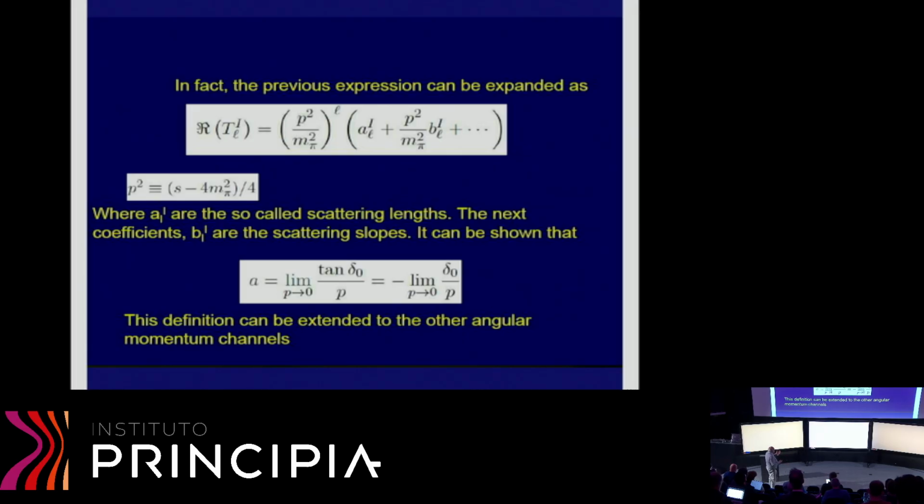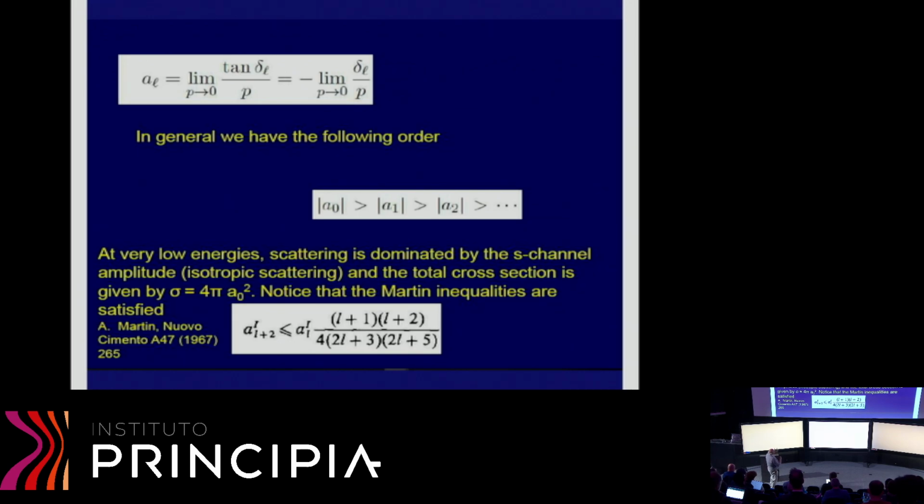This definition can be extended to other angular momentum channels. In general, this is the definition. And there is a hierarchy between the different scattering lengths. Certainly, the one that dominates is the scattering length for zero angular momentum, a0. At very low energy, everything is dominated by this channel.